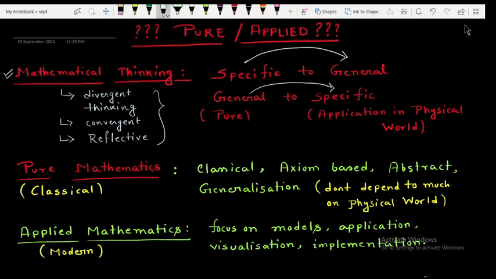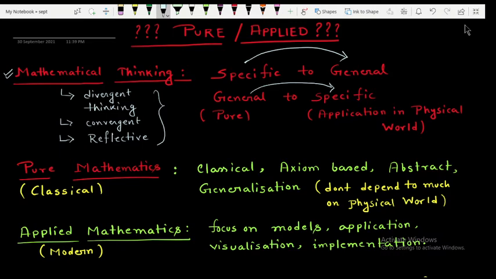That means if you are given some specific examples, and through those specific examples you are able to construct a general idea or a general theory, then that transformation is called specific to general.